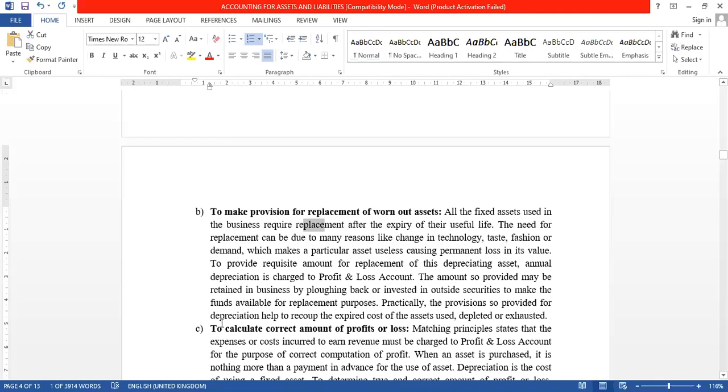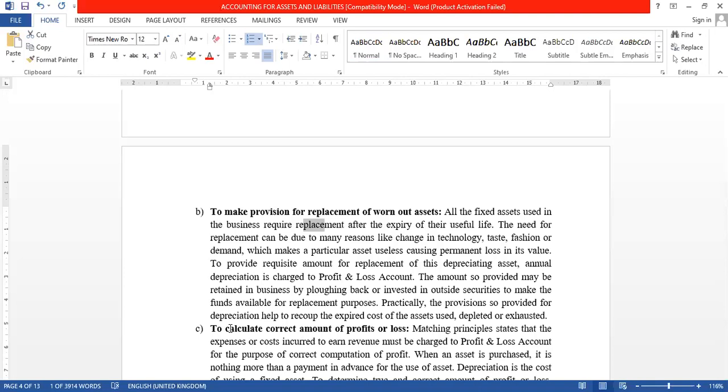Number 3 is to calculate the correct amount of profit or loss. If you do not provide for depreciation, you will get an overstated figure of profit or loss, simply because you're failing to recognize that this machine is contributing towards the profit of the business.